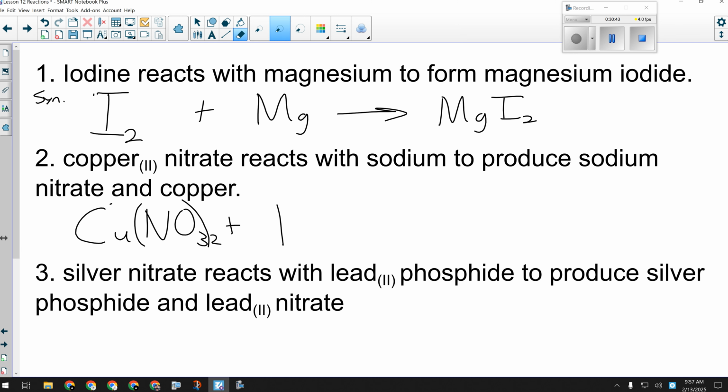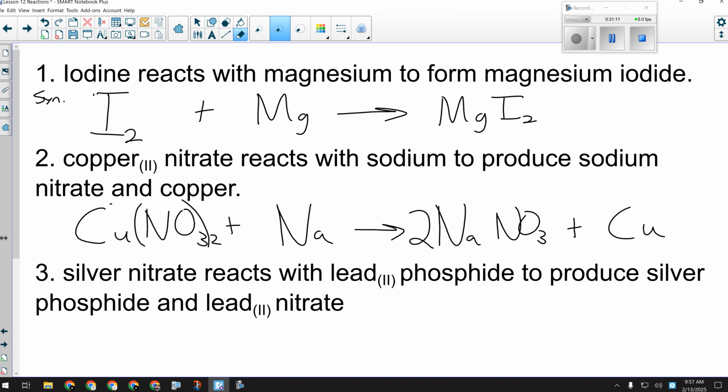Okay, and it is reacting with sodium all by itself, and that is going to produce sodium nitrate, Na+1 with nitrate -1, so that compound's fine that way already, plus copper. Okay, so the reaction should look like that. Now we have to balance it because there are 2 nitrates in the reactants, but only 1 here. So I need to put a 2 in front of this. That balances the nitrates, but gives me 2 sodiums, which are now balanced, and the rest of the reaction is good.